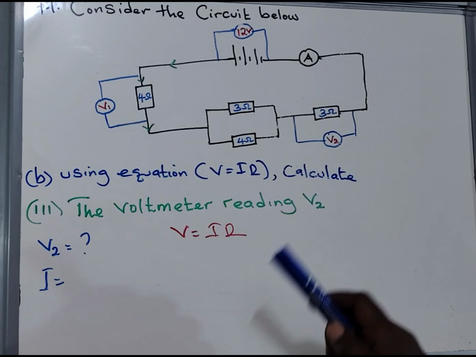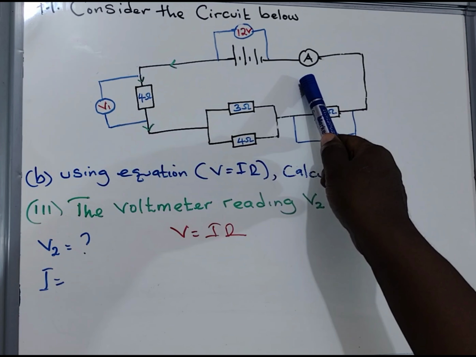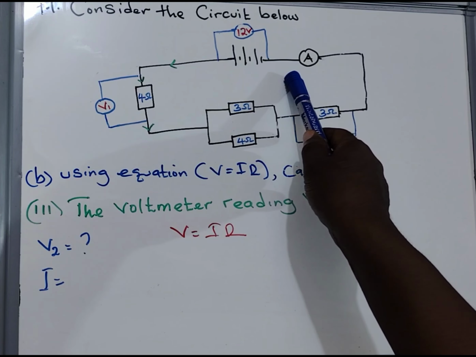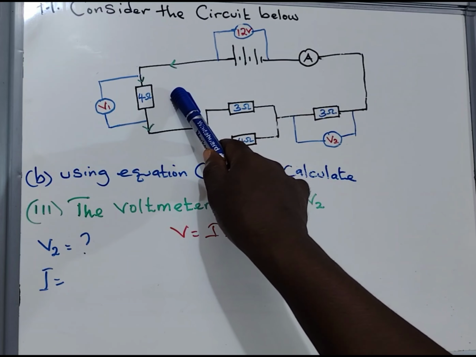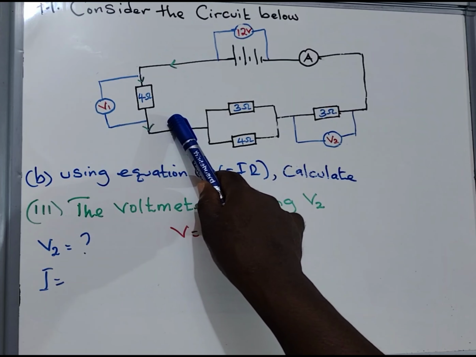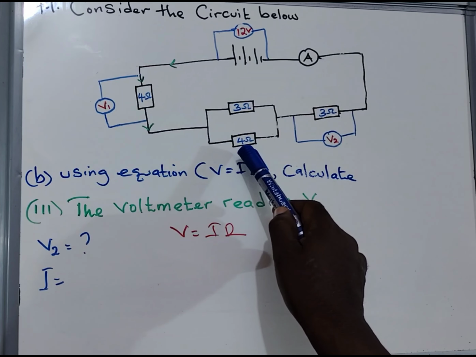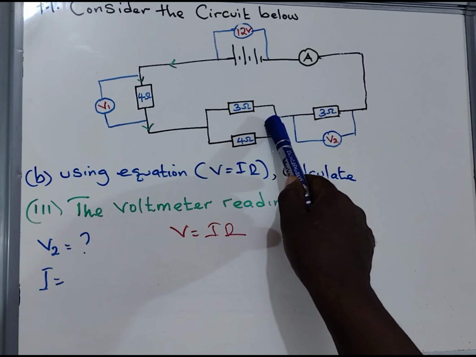If we trace this current, the one which passed through the ammeter, which is 1.38 ampere, passed through the 4 ohm resistor. It reached this junction. It divided into 2. It reached this junction.